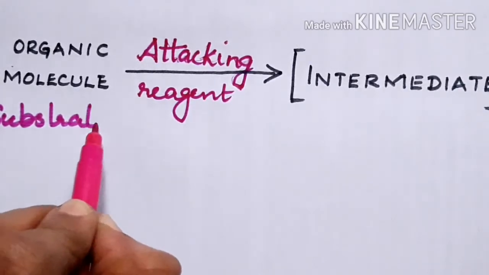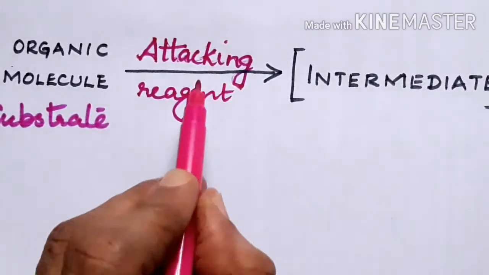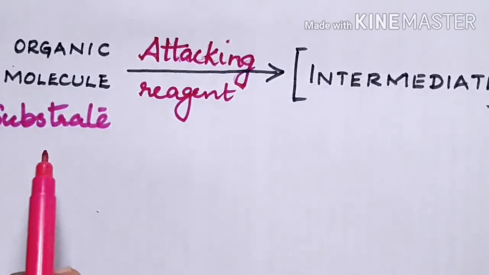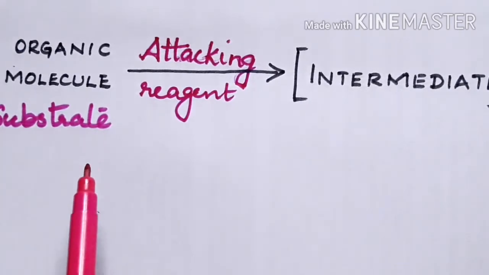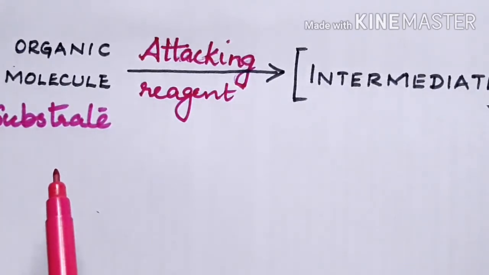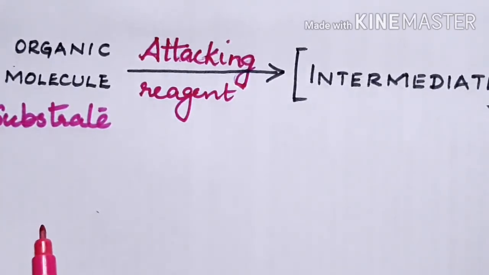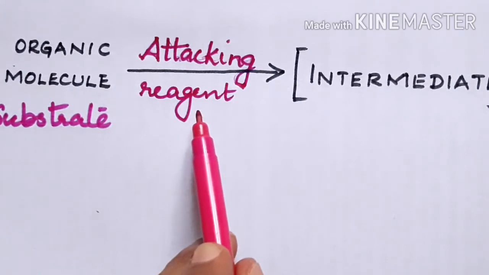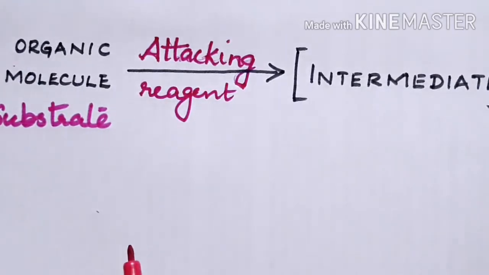The substrate gets attacked by the attacking reagent to form the intermediate. The purpose of using the substrate molecule is that it is providing carbons for the formation of the new bond, while the other reactant, the attacking reagent, helps in formation of the new bond.